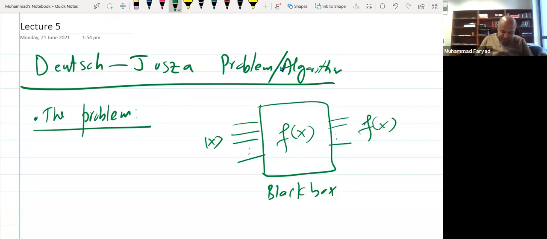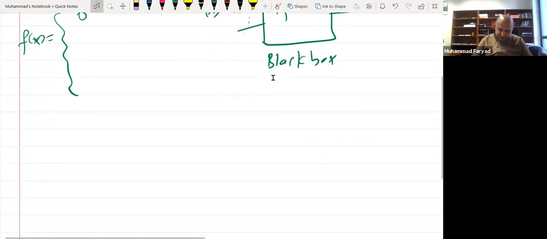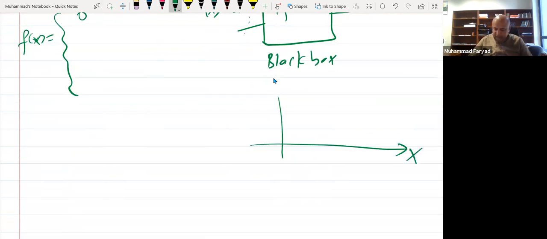It's either, f of x maps all possible combinations of the inputs to 0. So it's a function like this, where x is the input, and x could be 0, or x could be 1, or x could be 2, all the way to capital N.